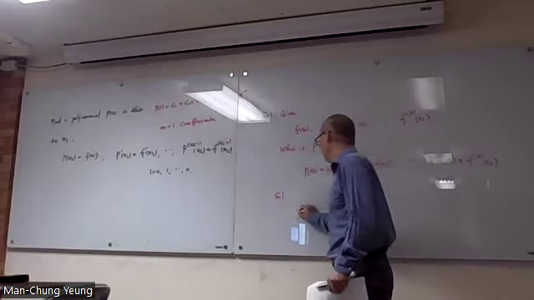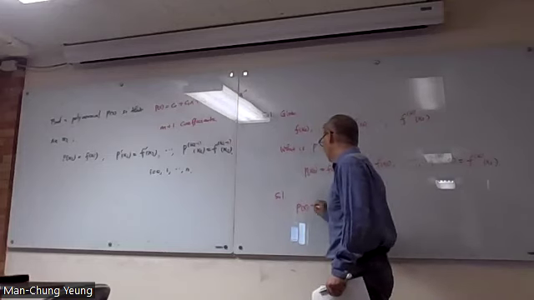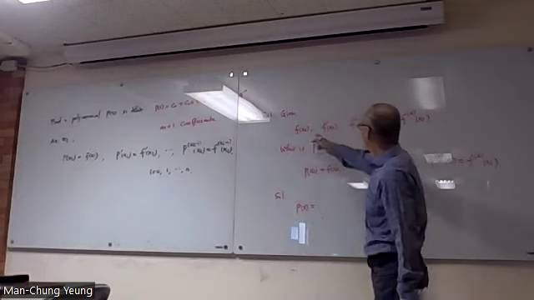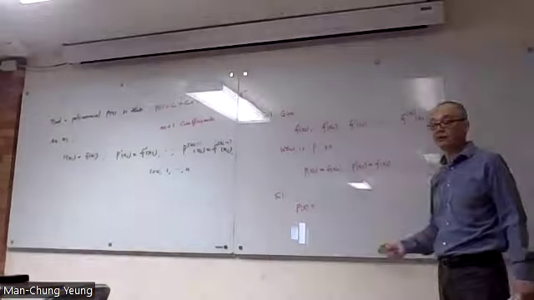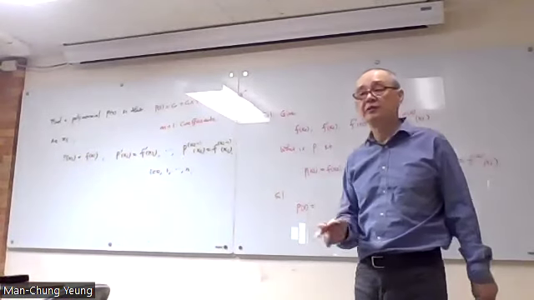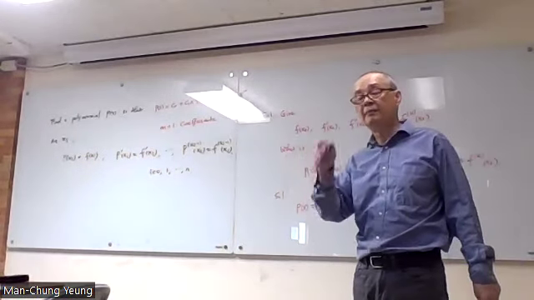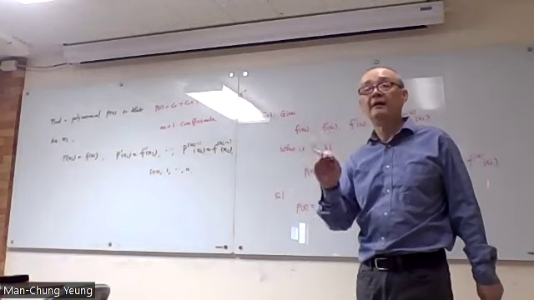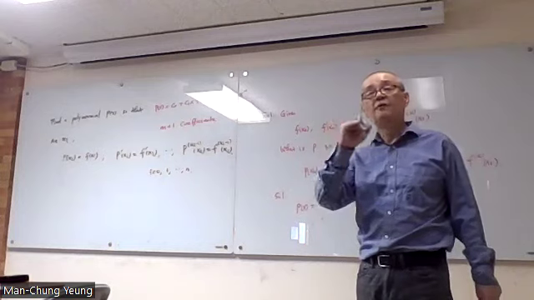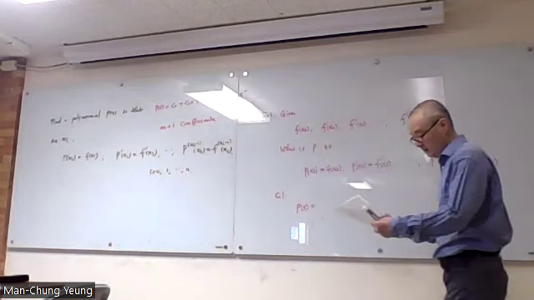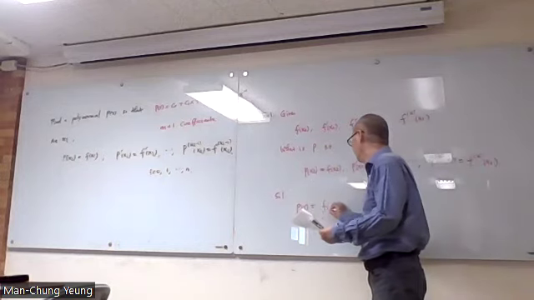How many conditions? k plus 1 conditions. k plus 1 equations can determine a polynomial of degree k. A polynomial of degree k has k plus 1 coefficients. It turns out that it's this polynomial.